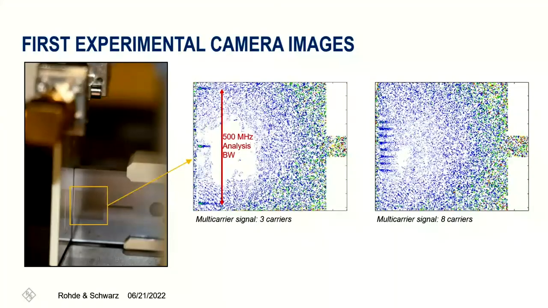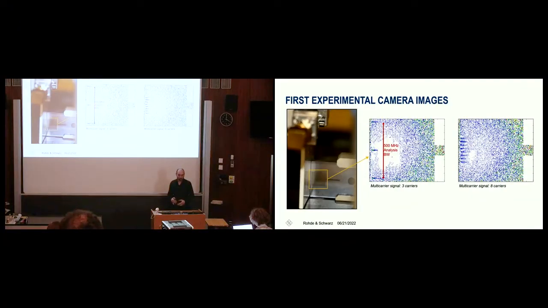And luckily, already in the very first week of working together in the lab, we could measure the first experimental spectra. So here you see two example images where we have applied with a signal generator a multi-carrier signal to the waveguide.